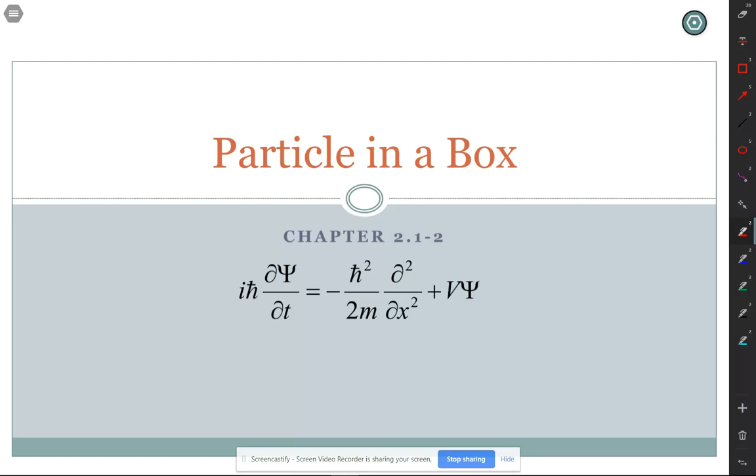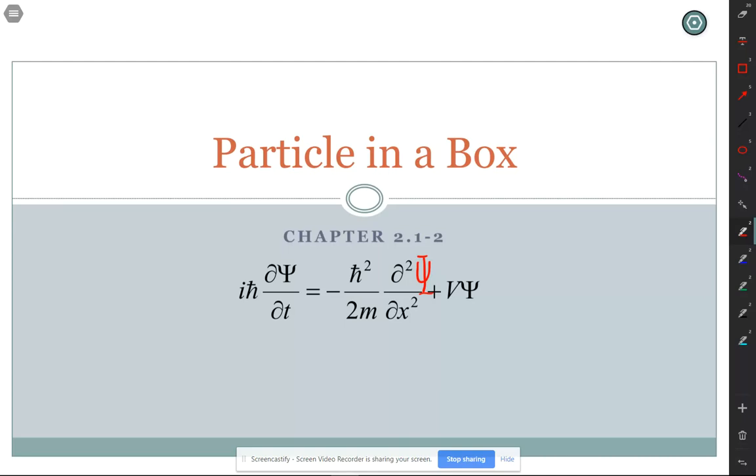Now notice the Schrodinger equation now has a capital psi here. I've been using lowercase. What's missing from this Schrodinger equation, friends? Forgot to write that psi there. This Schrodinger equation has two variables, time and position.